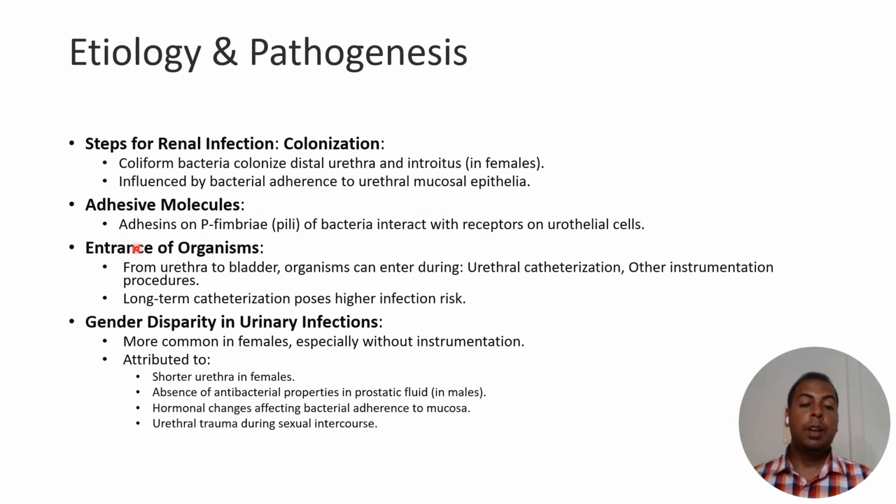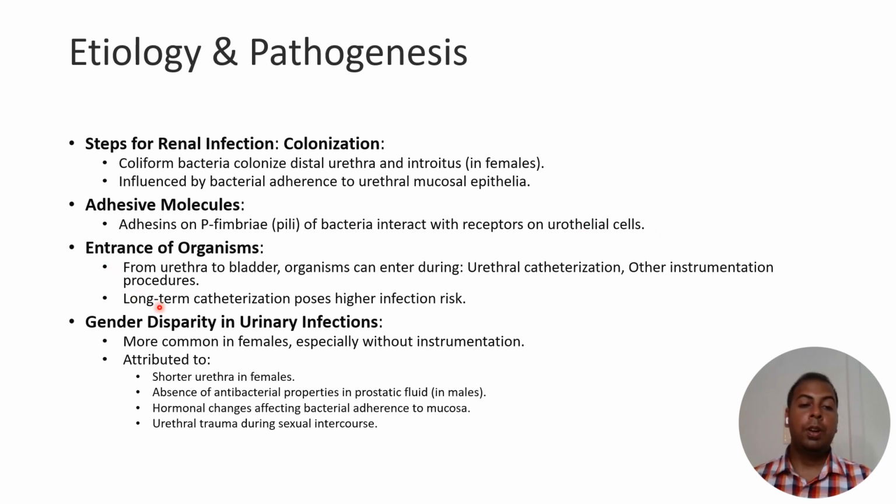That's why E. coli is the most common organism that usually causes UTIs and pyelonephritis because of these virulence factors. So they have adhesins on the P fimbriae, the pili of the bacteria, and they interact with receptors on urethral cells.